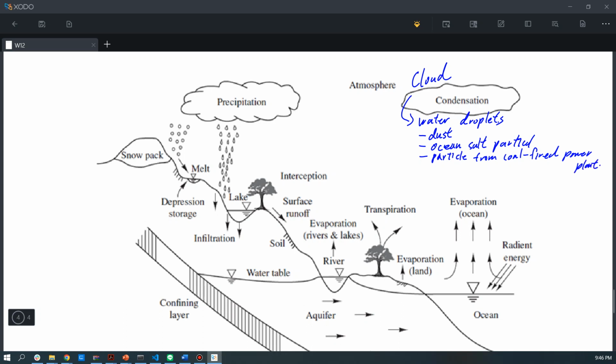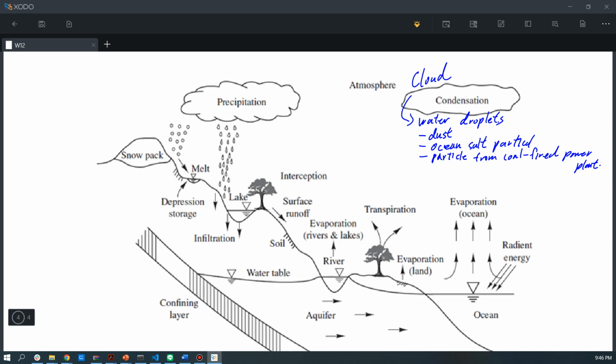So basically for the condensation process, they need some particle so that the water vapor condenses to the water droplet.